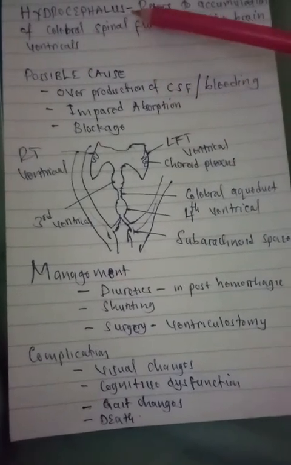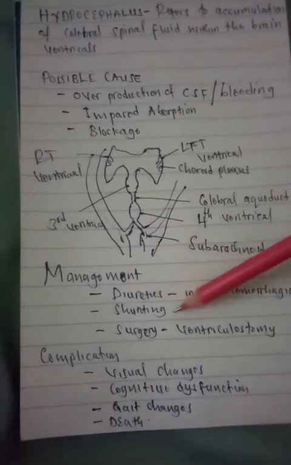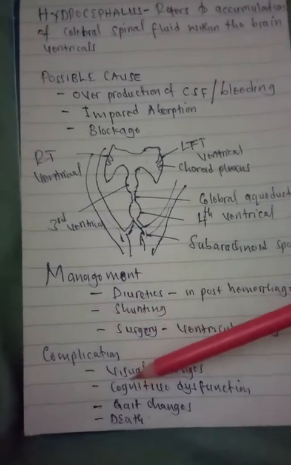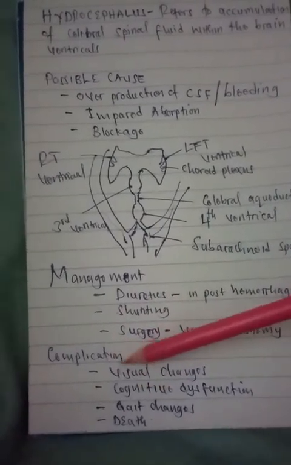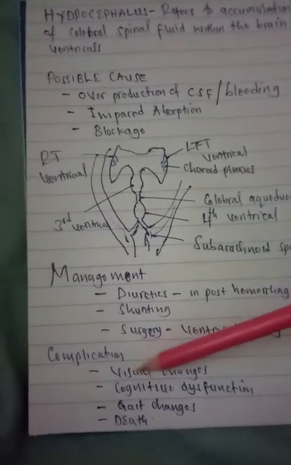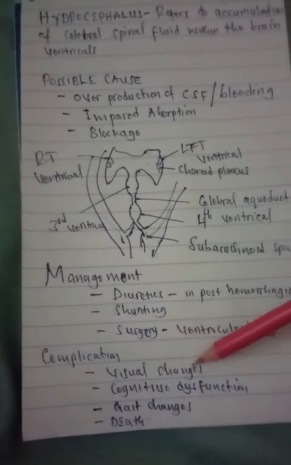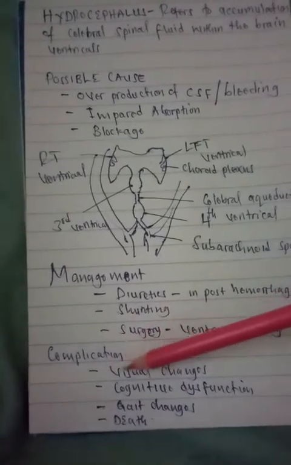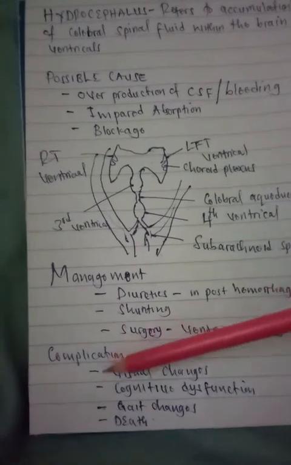But also when someone has hydrocephalus, there might be some complications. Let us see some of them. There are visual changes due to an increase in intracranial pressure, which might damage some optical structures.